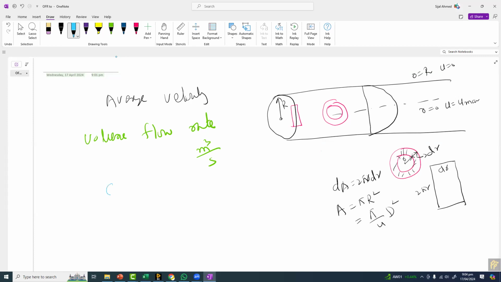It is written as Q equal to area into velocity. Area is in meter square and velocity is in meter per second, so if you multiply, you get meter cube per second. And this velocity actually is the average velocity. So from here, the average velocity is equal to Q upon area.